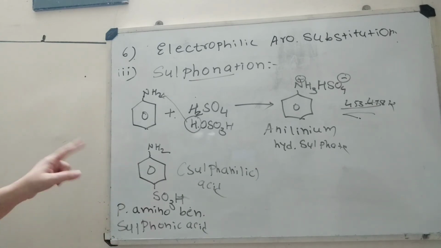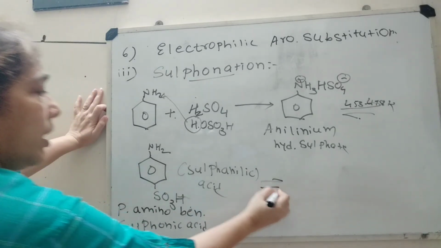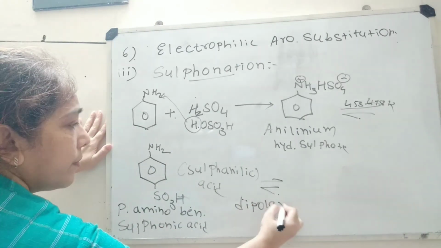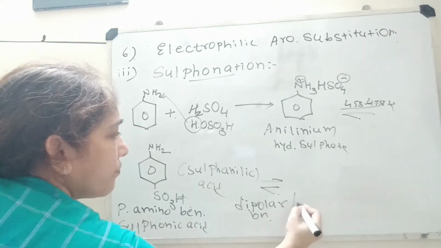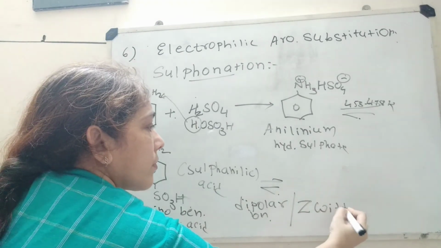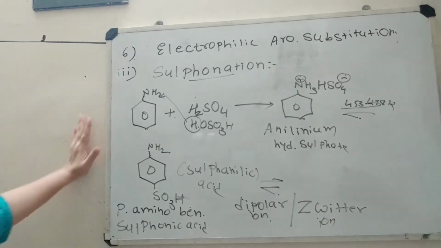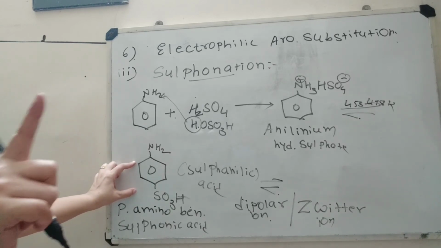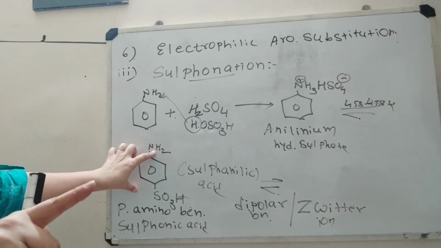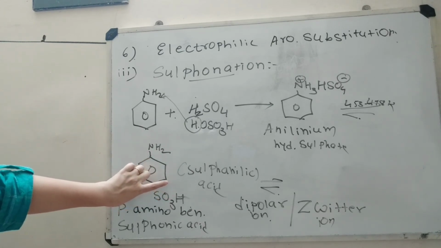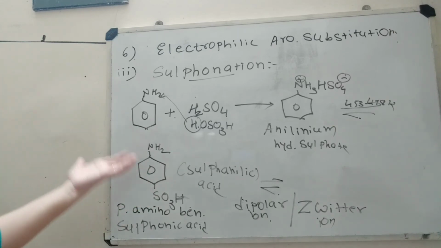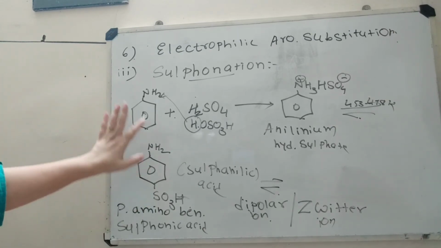This sulfanilic acid is known as the dipolar ion or Zwitter ion. The question can be asked, why is it known as the Zwitter ion or the dipolar ion? Because in a single molecule, NH2 means base is present and SO3H means acid is present. So only one molecule acts as dual, an acid as well as the amine group.